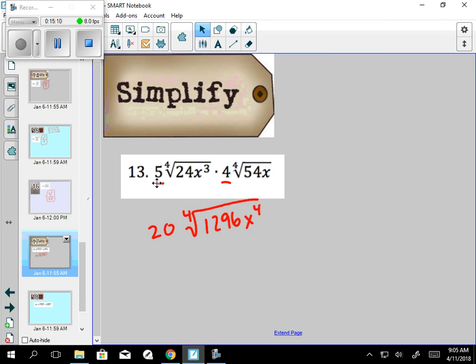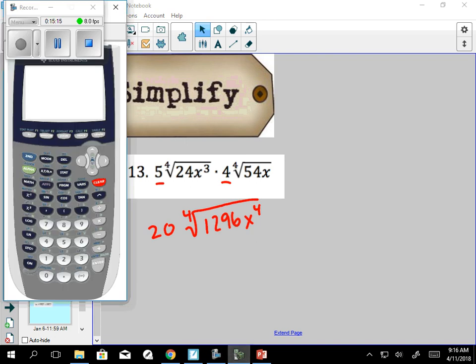Okay, so next, to do this on the calculator, what you're going to want to do is pull up your math button, and then once you select the math button, this one with the x square root, number 5, that's the one that you're going to want to use.